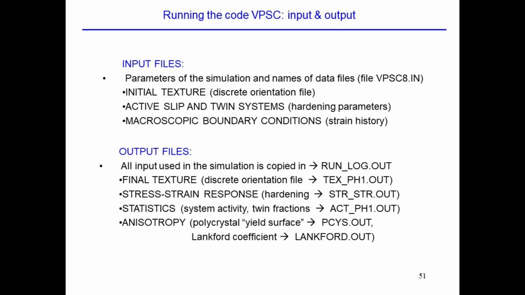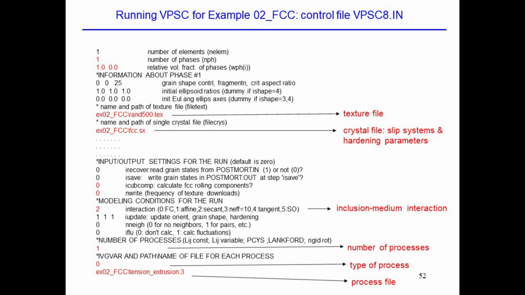We are doing an example later for rolling. So I already showed the main input file, which is the vpsc7.in, and this file contains the files that you are going to be using and contains the parameters of the run that you are going to be doing.